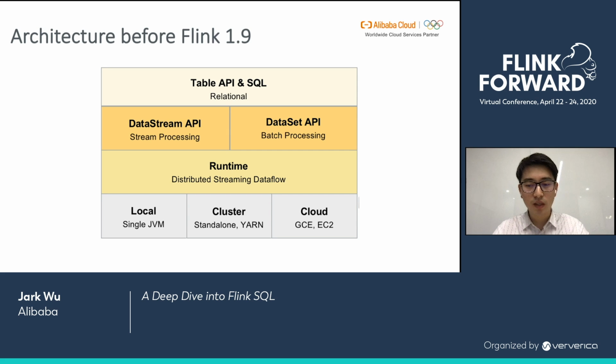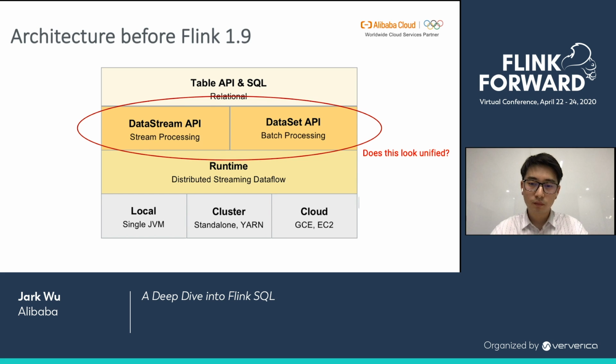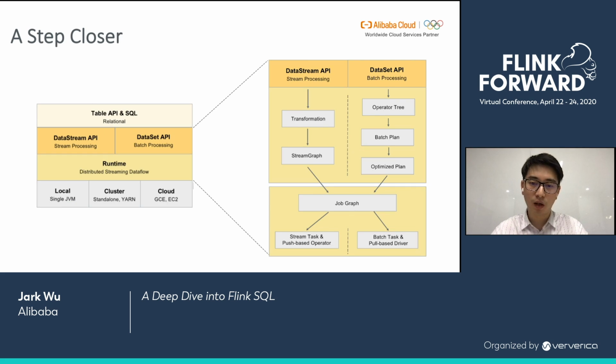As you can see in the picture, this doesn't really look like a unified architecture. And we can take a step closer to see the underlying DataStream and DataSet APIs. In short, they are not unified, and we have too much duplication. Every time we want to add some features, we have to modify the whole stack for both the DataStream stack and the DataSet stack.